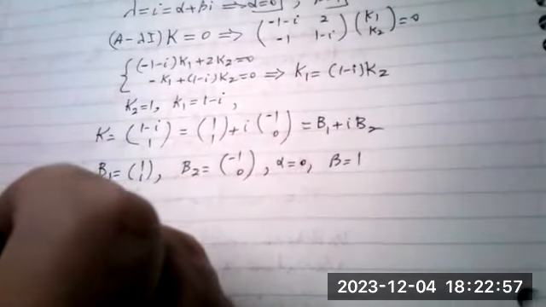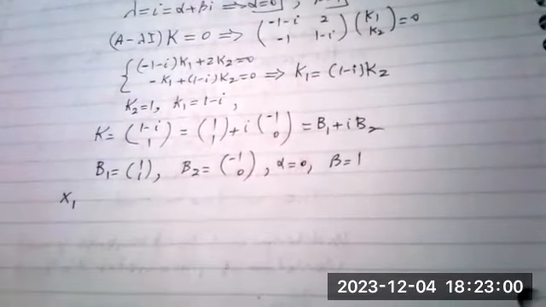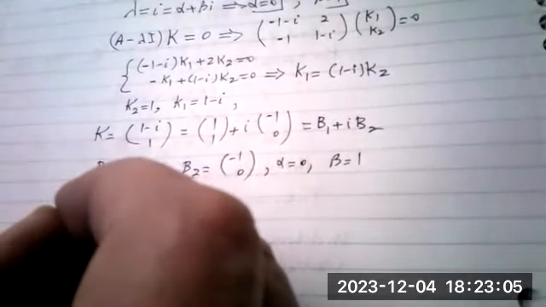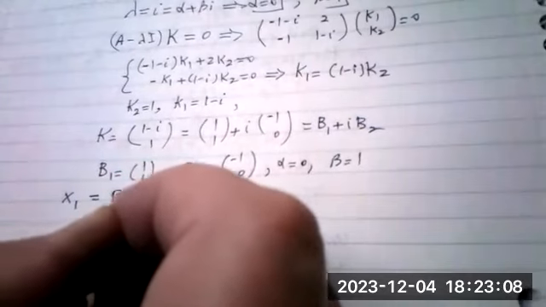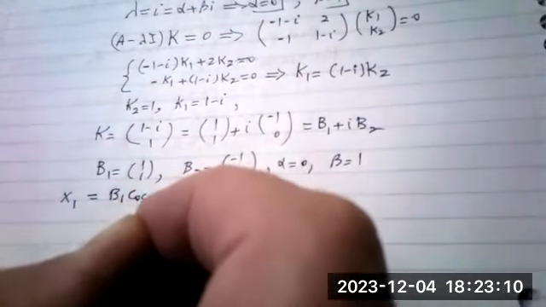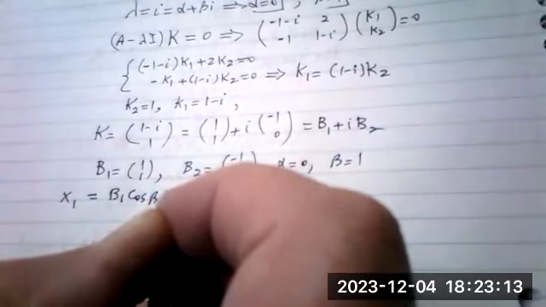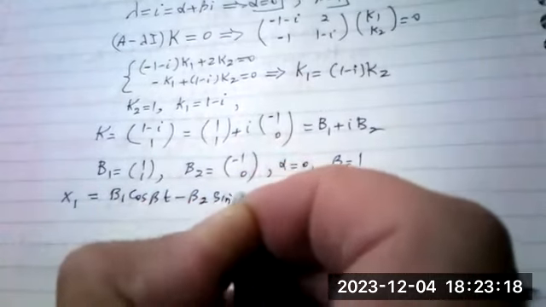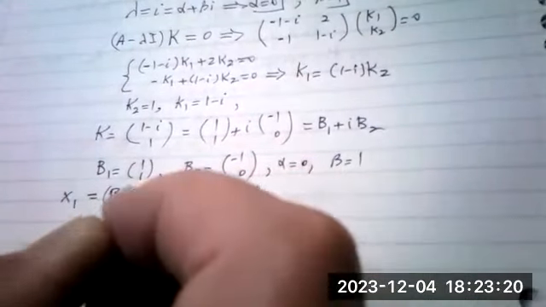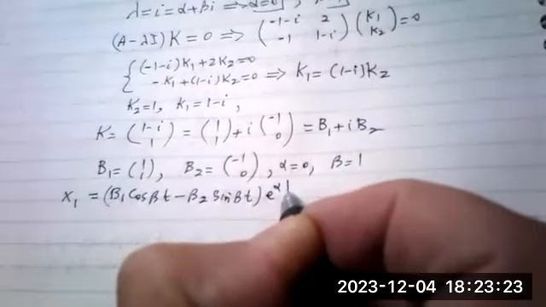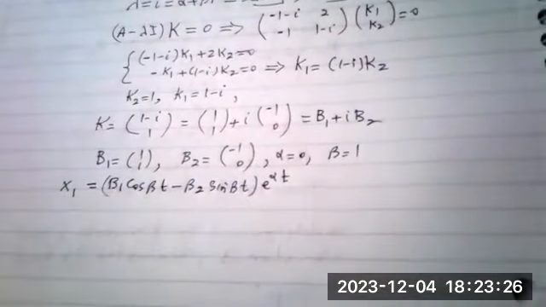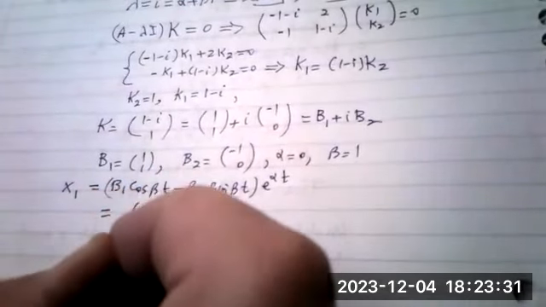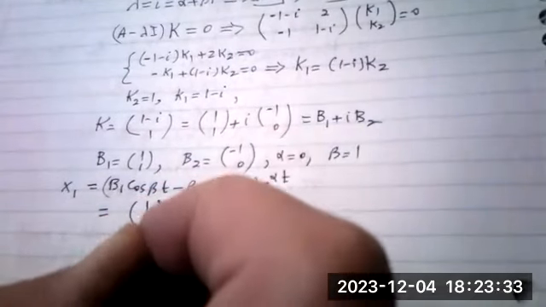So we get x1 of t is going to be equal to, from the formula that we created, B1 cosine of beta t, minus B2 sine of beta t, times e to the alpha t. Then you substitute. So in this case, your B1 is 1, 1.